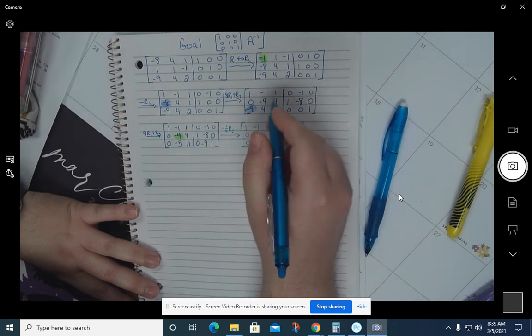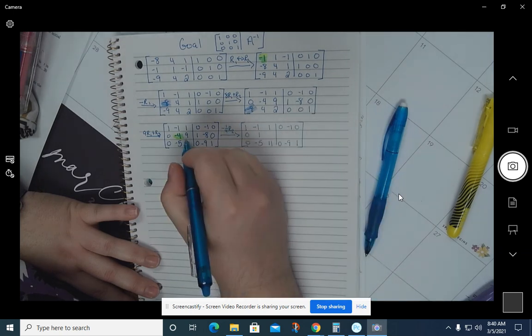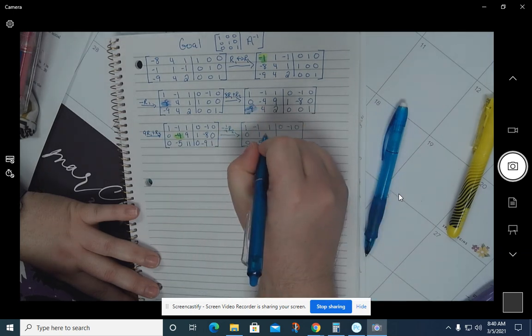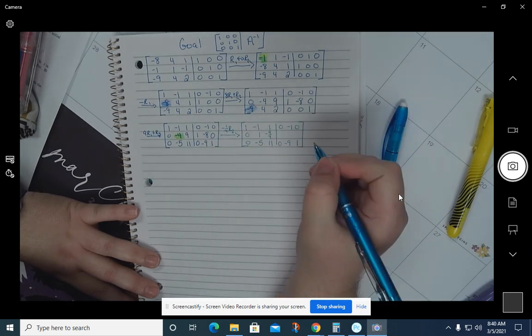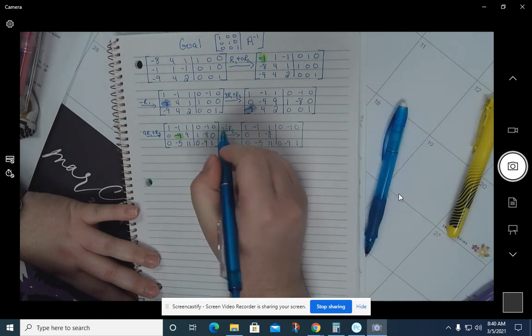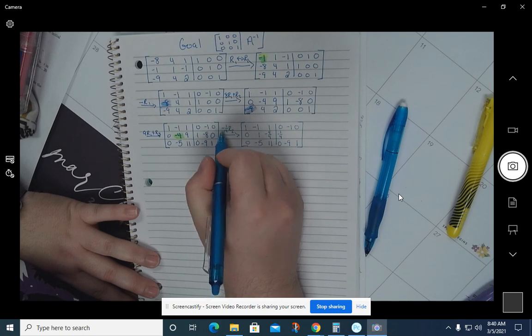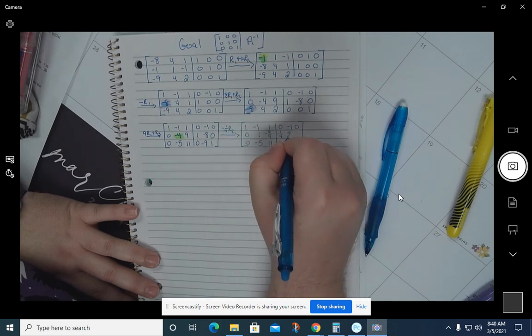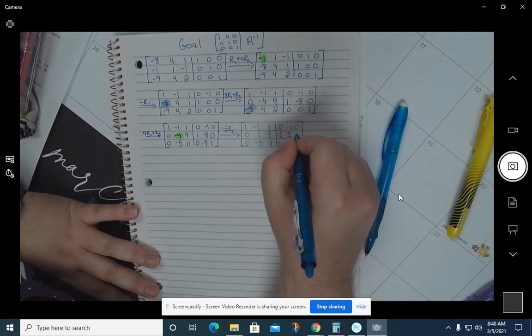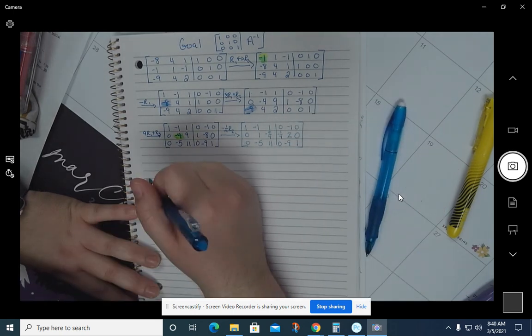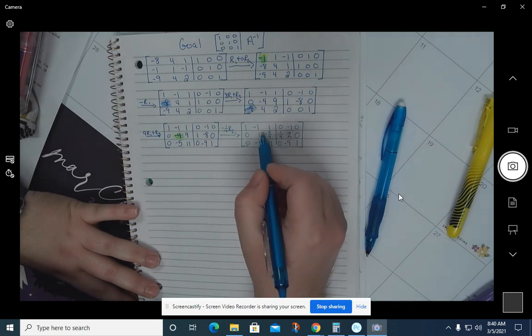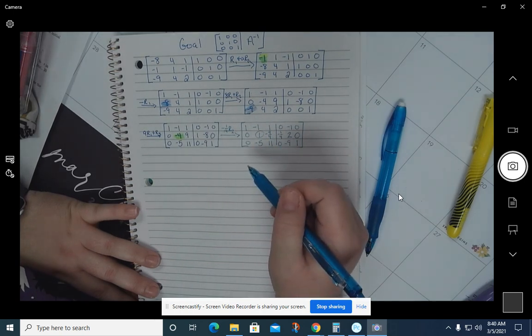Negative times negative becomes a positive 1. 9 times negative 1/4 is negative 9 over 4. 1 times negative 1/4 is negative 1/4. Negative 8 times negative 1/4 is a positive 2. And 0 times anything gives me 0. Now this middle element is a 1.